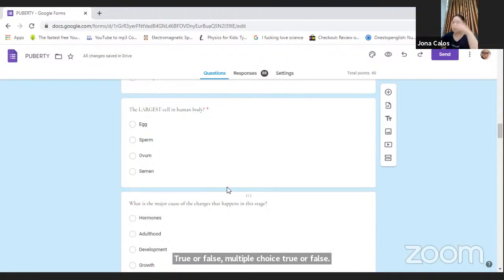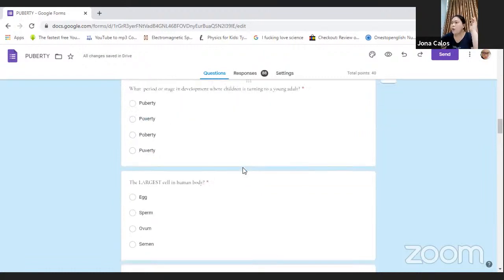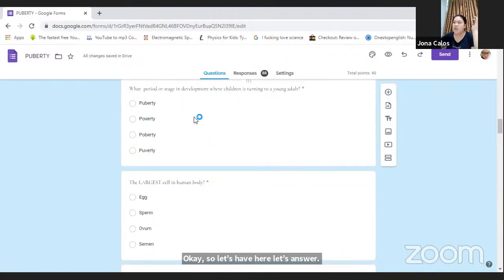Okay, so let's answer. What period or stage in development is where children are turning into young adults? What's the answer here? Puberty, poverty, puberty. Okay, so this one is knowing the spelling also.